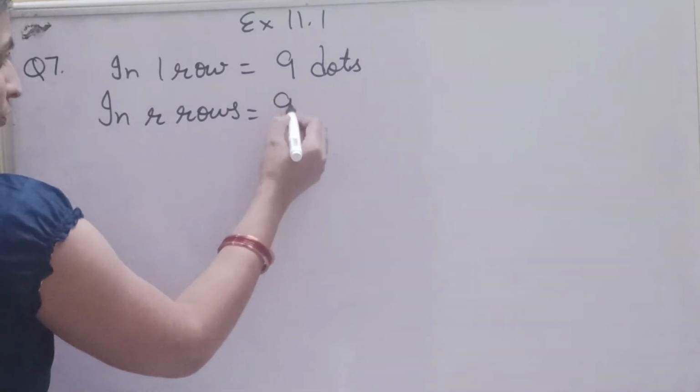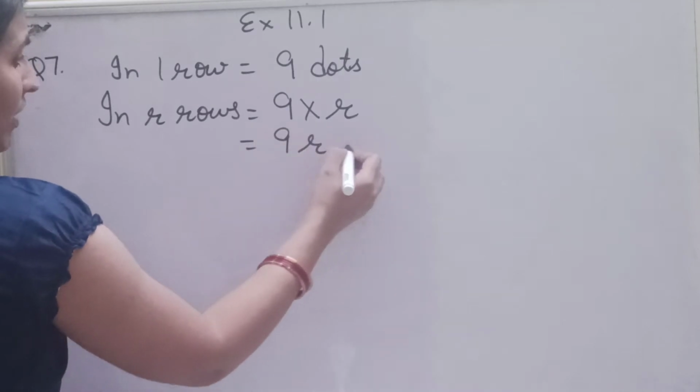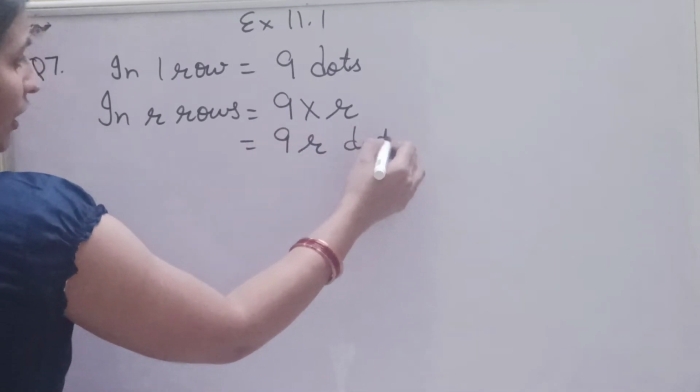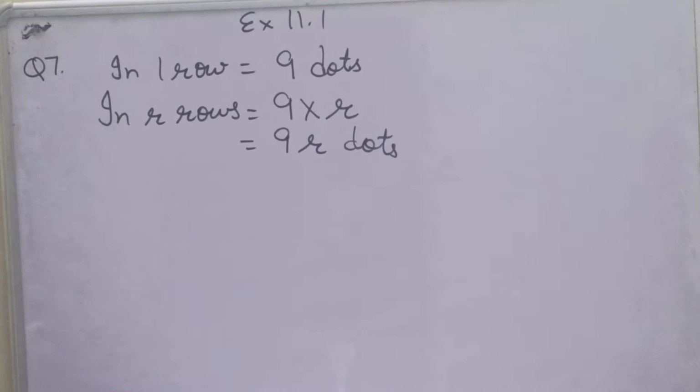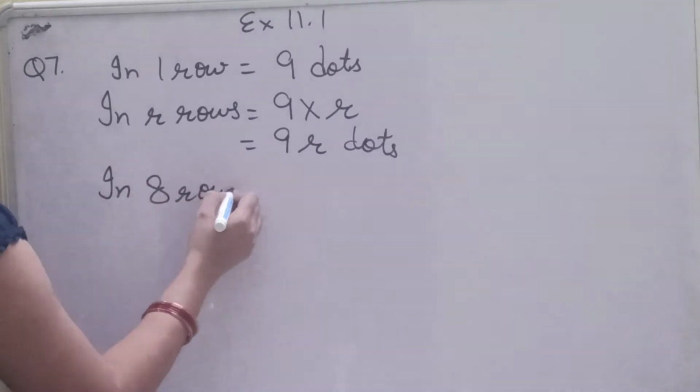What we will do is 9 into R, and that will become 9R dots.